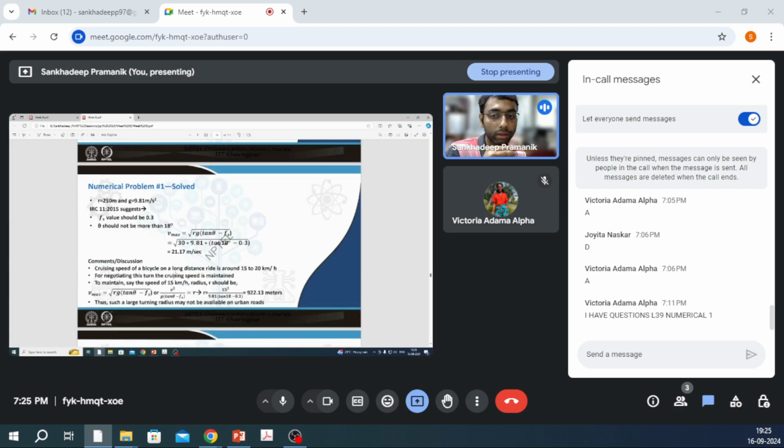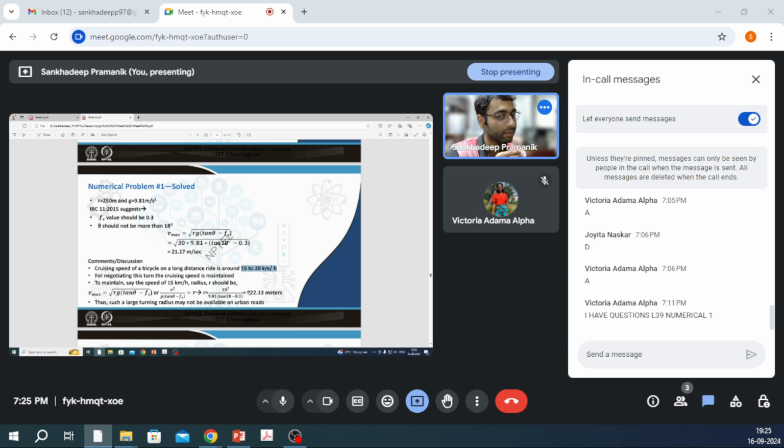Now in the urban context, if we want to give a better facility, then we can provide considering 15 or 20 kilometers per hour as the design speed.